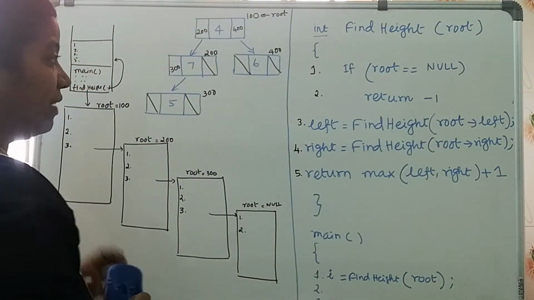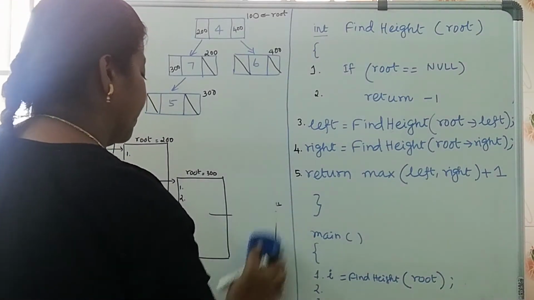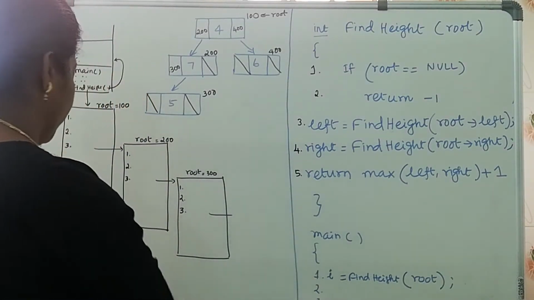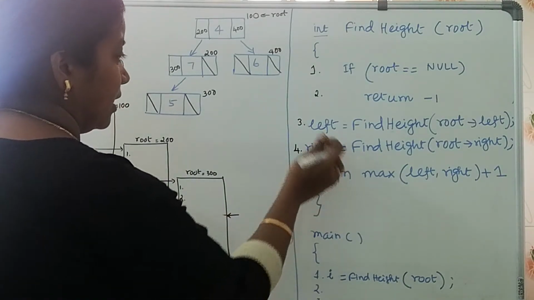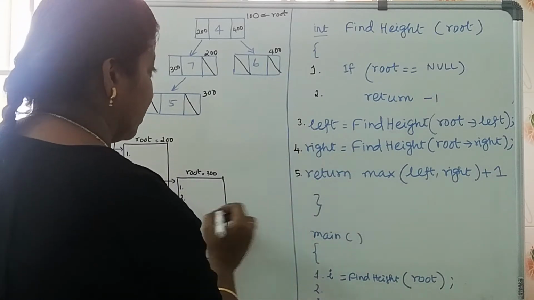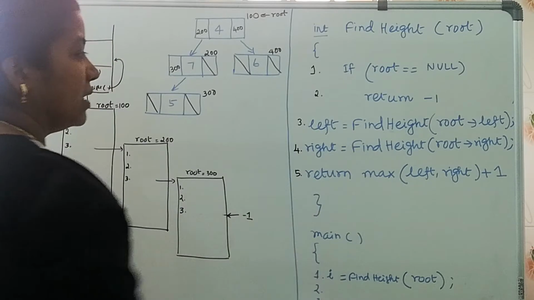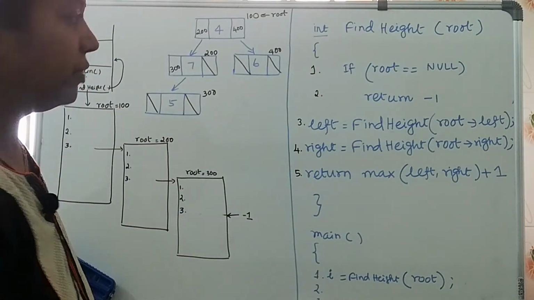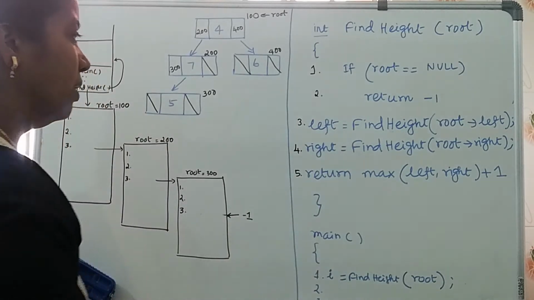It returns the value -1 back to where the function was called, which is line number 3. So the value of left gets stored as -1, because left is an integer variable. Left is having -1 right now.